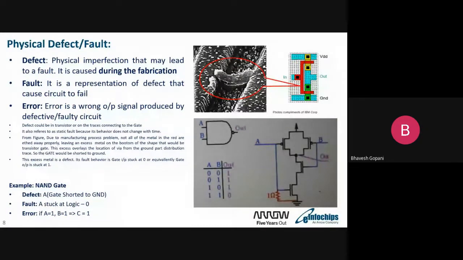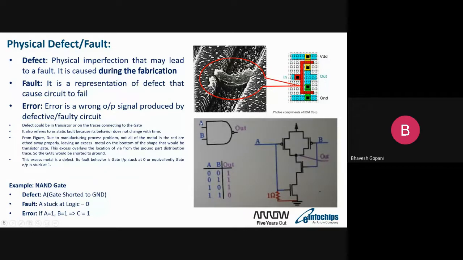No, normally what happens, what my experience tells: before silicon came, we already know we are targeting stuck-at faults. Stuck-at faults means the tool or environment generates the patterns based on, let's say this is an AND gate, so it will try to cover each and every node.